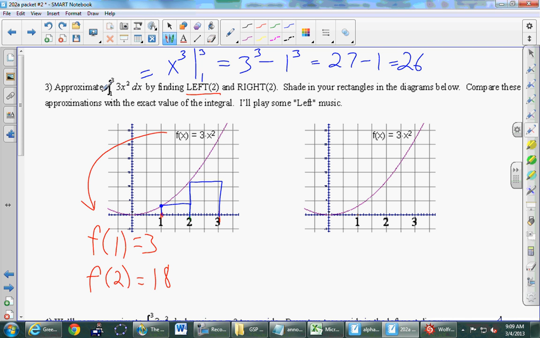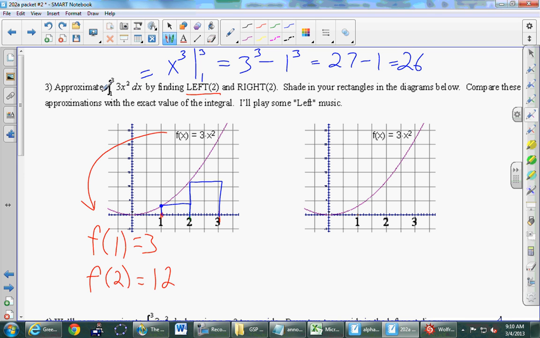Tiffany, did I make a mistake? I did. I don't know what I plugged in. I did 2 times 3 squared for some reason. Should be 3 times 2 squared. Okay, so we got 3 and 12 are the 2 heights.